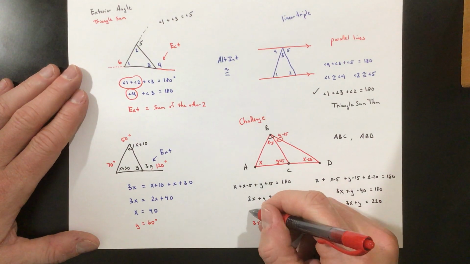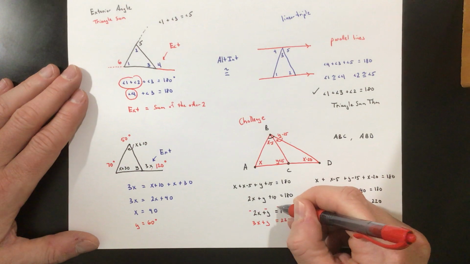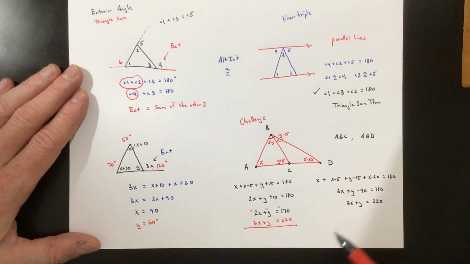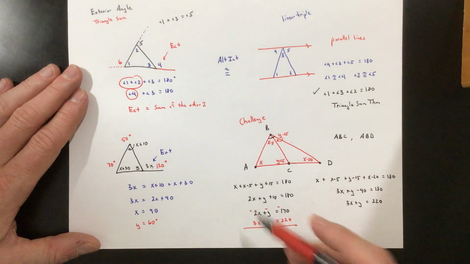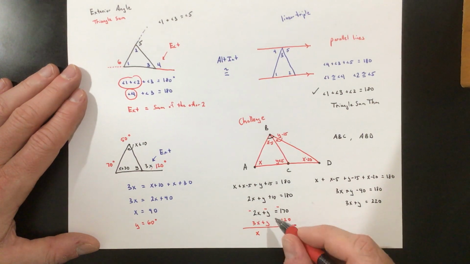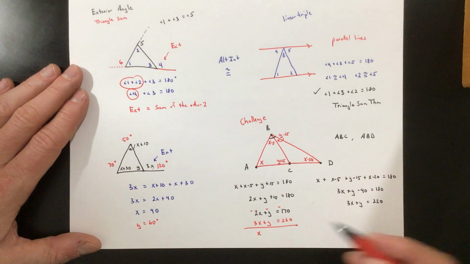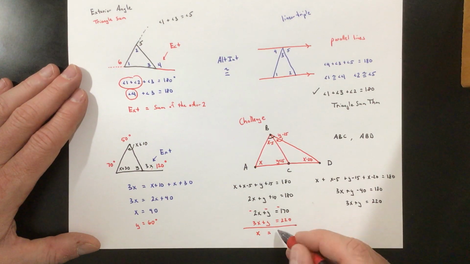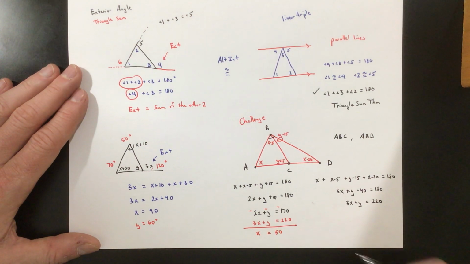So I'm going to multiply the top by -1, and all it does is make all those positives into negatives. And now I'm going to add the equations together. Negative 2x plus 3x is 1x. Negative y plus positive y goes away. Negative 170 plus 220 makes 50. And then once I know x, I can figure out everything else.